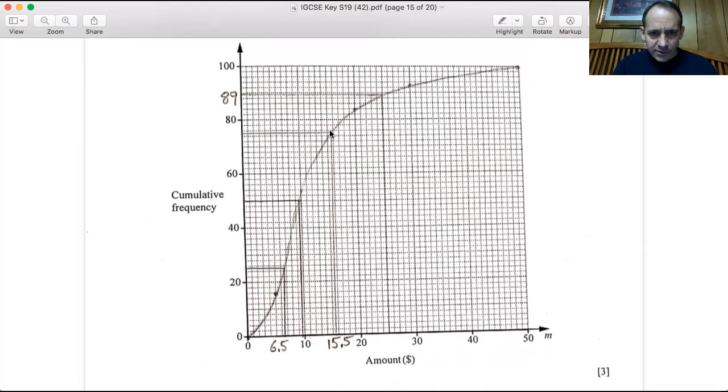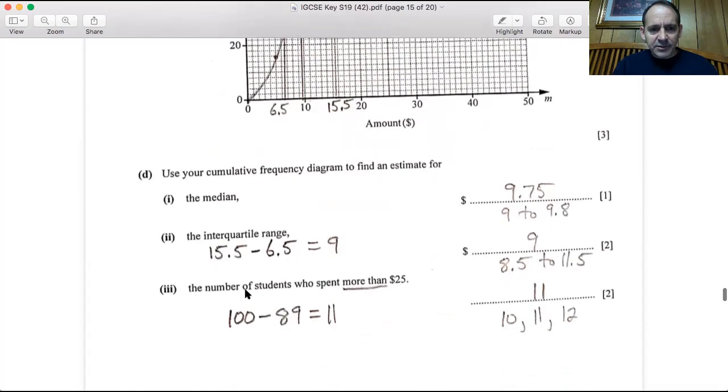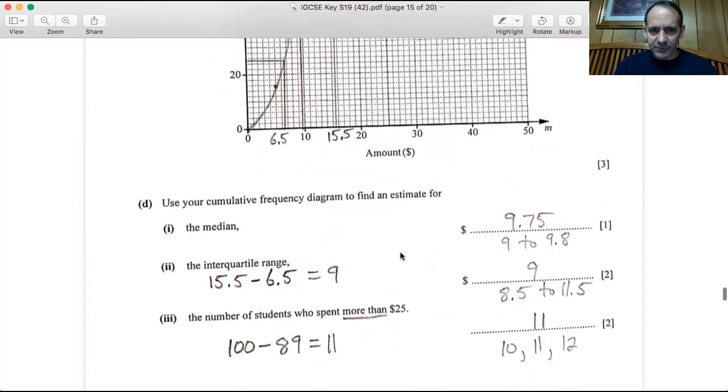Follow it over and down, and I put 15.5. The Q1 is 25%. So 25% of 100 is 25. That's this one right here. 25 goes over and down to 6.5. So then take 15.5 minus 6.5, I get 9. They allow you a window from 8.5 to 11.5.